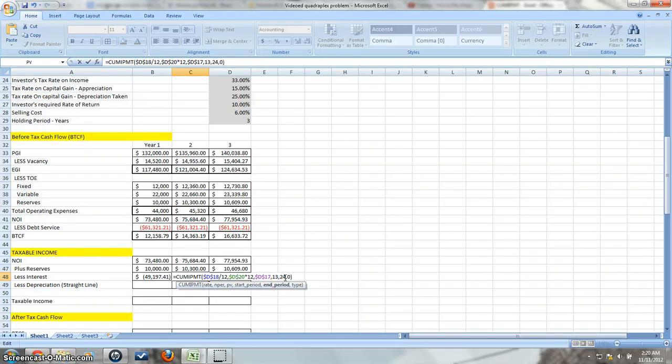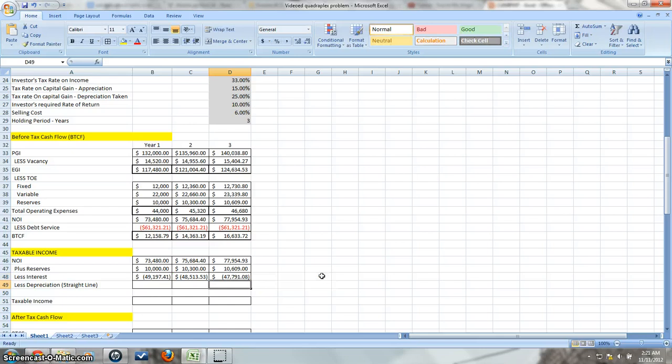24 is the next period, 13 to 24 for year 2, and 25 to 36 for year 3.